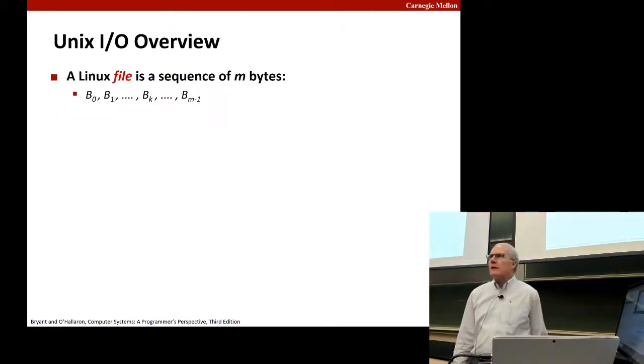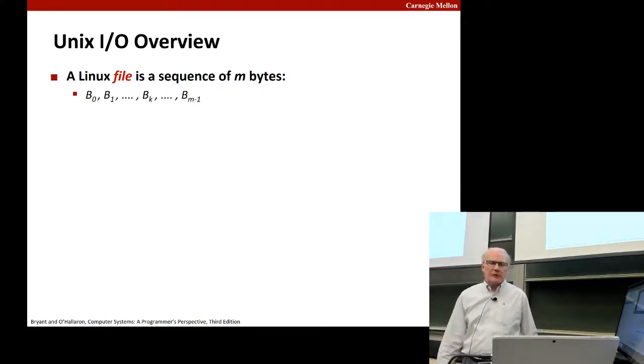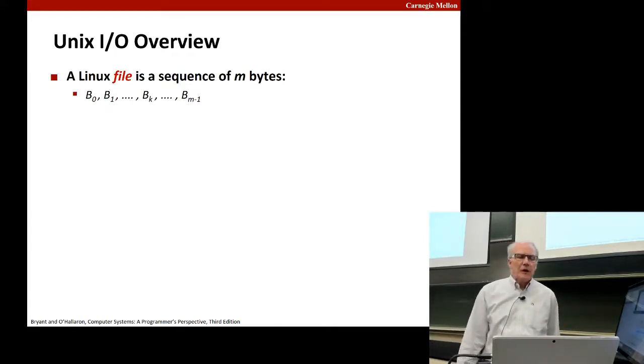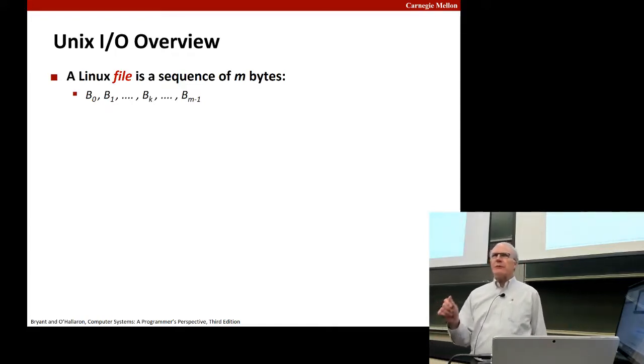So Unix, if you remember, was started at Bell Labs in the 70s and is really the basis of Linux, the operating system. So we'll use the term Unix and Linux interchangeably here. But Unix has a very simple view of files, which is just a sequence of bytes.